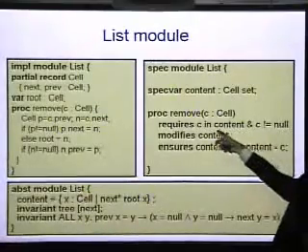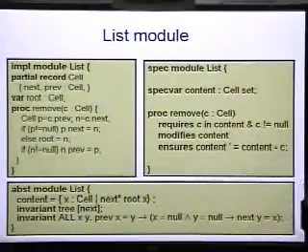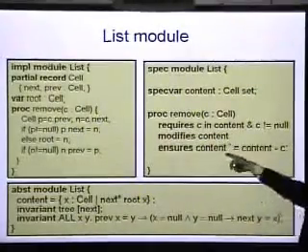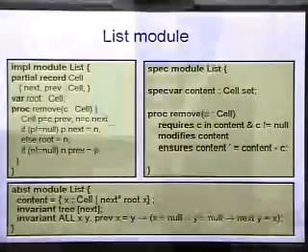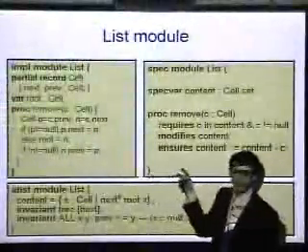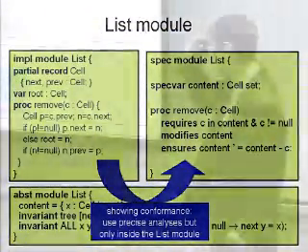And then you express that the remove operation has a precondition that the element must already be in the list and it cannot be null. And then the operation modifies the content in such a way that it removes the element. And then, as I mentioned, there's this abstraction section of the module that gives the abstraction function that makes the connection between the two. And in addition, it's going to specify this invariant.